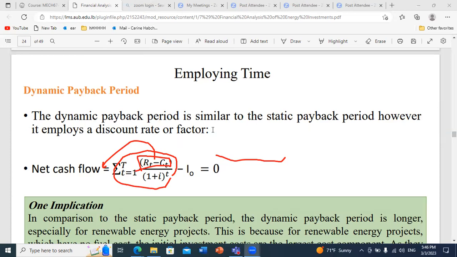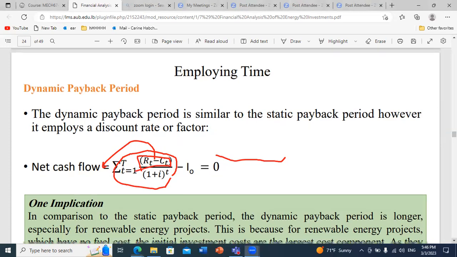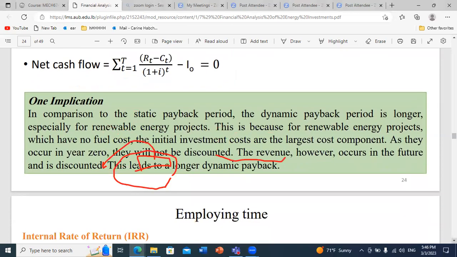So in comparison to the static payback period, the dynamic payback period is longer, especially for renewable energy projects. This is because for renewable energy projects, we have no fuel cost. The initial investment costs are the largest cost component. In renewable energy, operational cost, maintenance cost, and the costs afterwards will be much smaller, sometimes nearly zero.